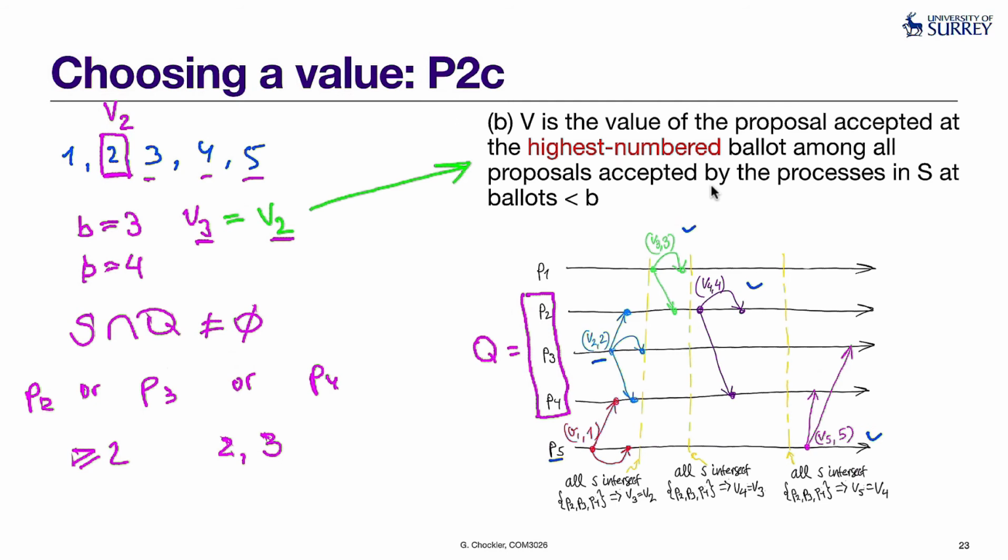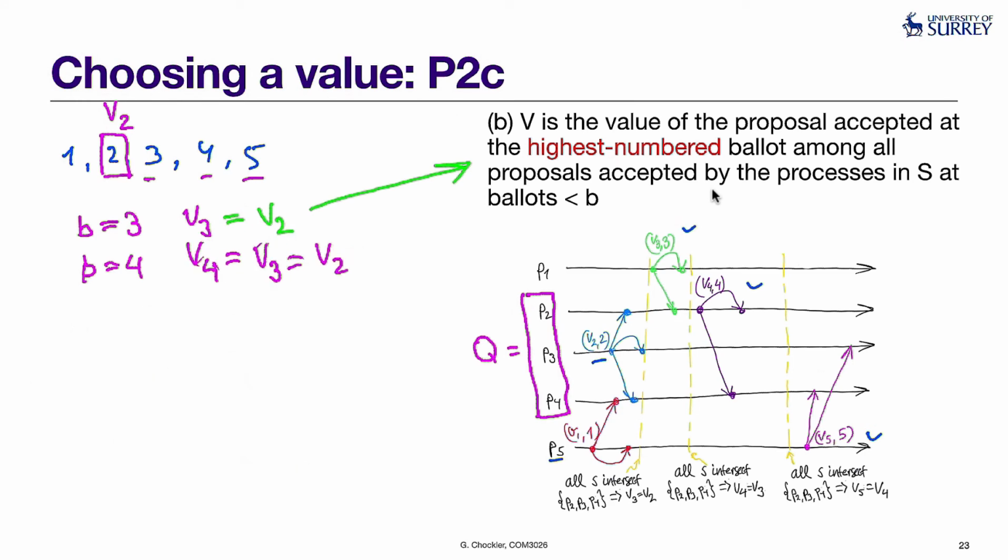And the value accepted in ballot 2 is equal to V2. And that means that the only value V4 that we can pick and propose at ballot 4 is either V3 or V2, and V3 is equal to V2, and therefore V4 is equal to V3 and equal to V2.